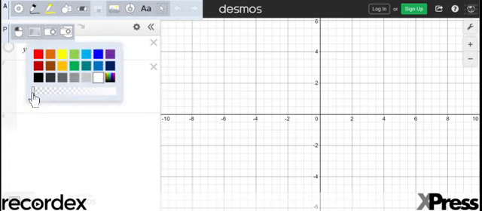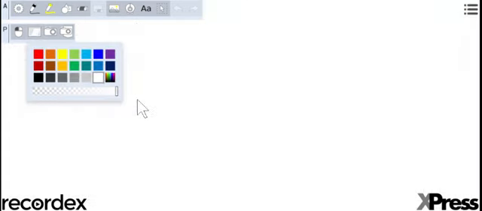I'm going to actually sort of blank the screen for a moment, so don't worry about that. And I'm going to turn on my pen. And I'm going to write, again, my equation was y equals 2x squared minus 4x minus 3.